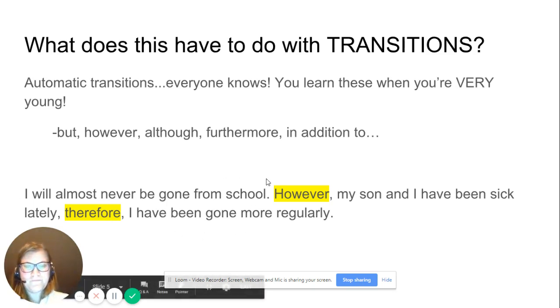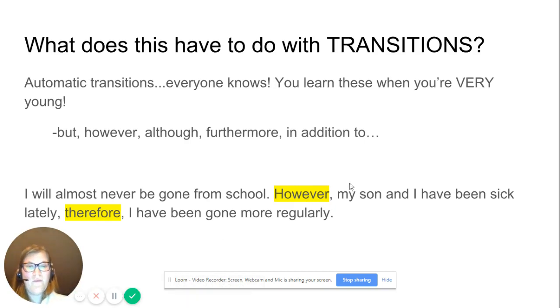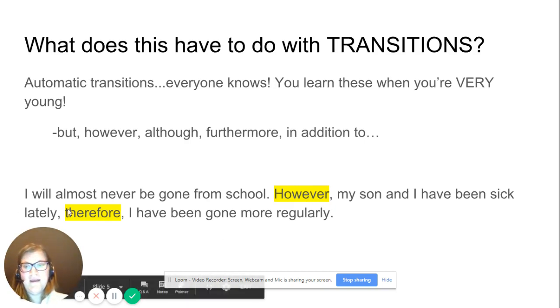It doesn't mean because. The word since works there as well. However, my son and I have been sick lately. Therefore, I have been gone more regularly. So therefore says that this sentence is the direct result of this one.